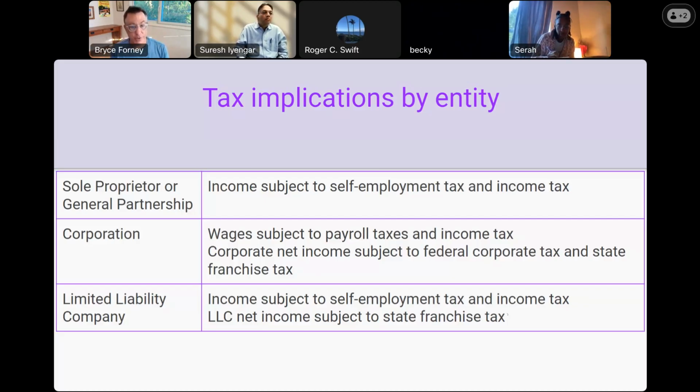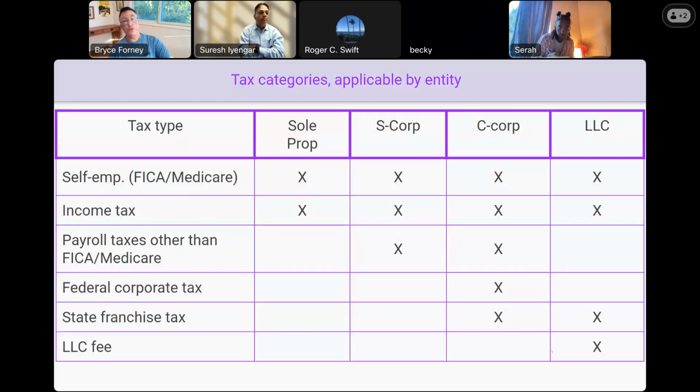So self-employment tax and income tax are applied, or the income is subjected to those two taxes. And then the LLC is separately subject to state franchise taxes. And in California, there are two different taxes that apply to an LLC that are different from a corporation. So those are the taxes in written form.